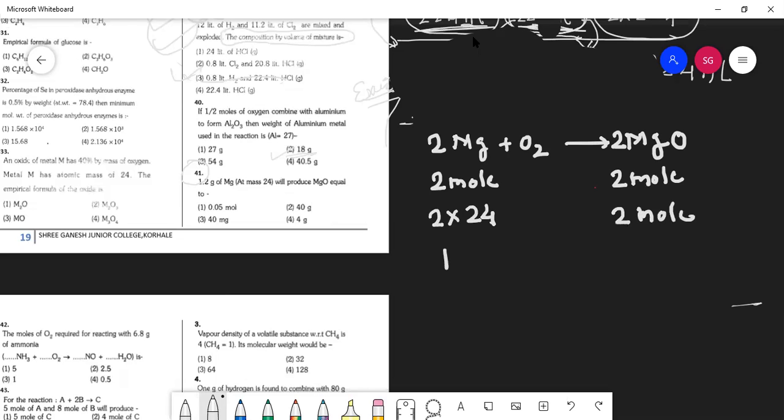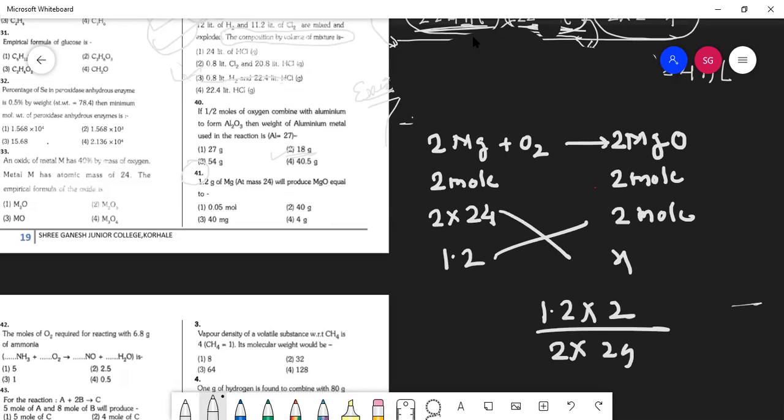So when it is 1.2, here it will be x, cross multiplied: 1.2 into 2 upon 2 into 24. 2 cancel. Here 1.2, so 120 divided by 24. For some mistake I made, 2 into 24, it gives 2 moles of this. So 1 into 2. Just calculate this, you'll get the answer.